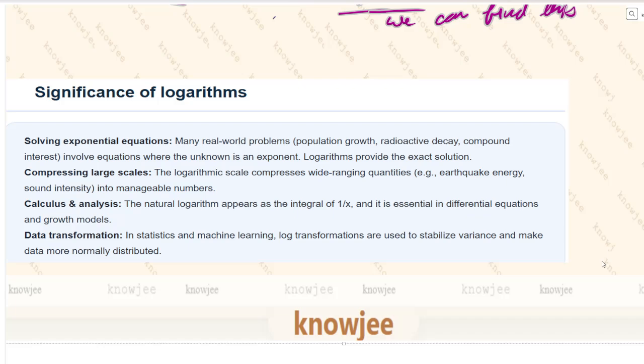We need logarithm for solving calculus problems like differential equations. We need logarithm in statistics and machine learning too. Statistics and machine learning is a very vast field, so there are too many applications of logarithm.